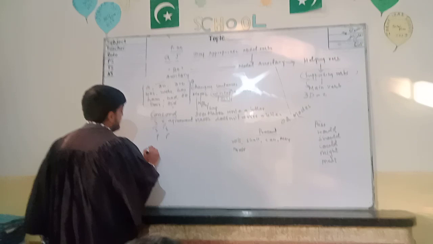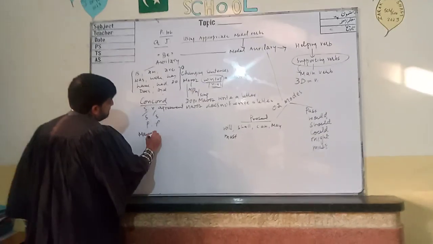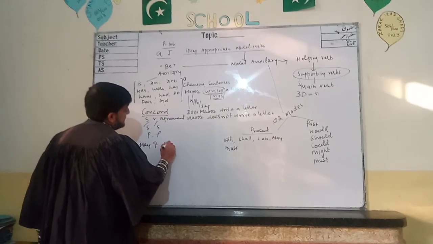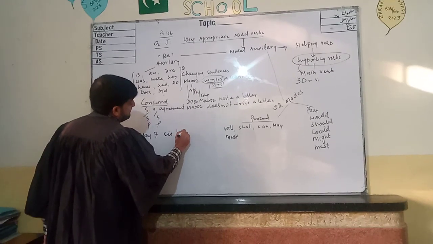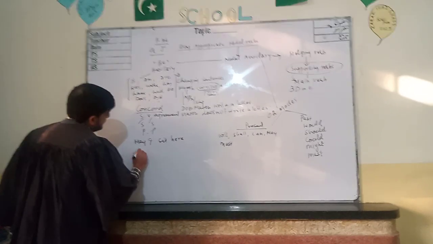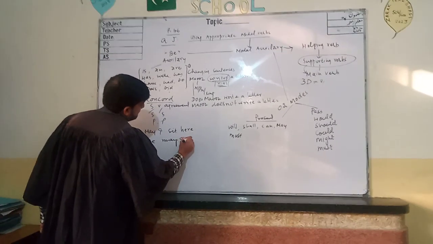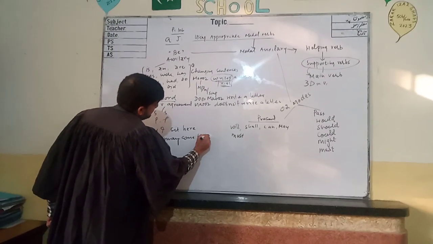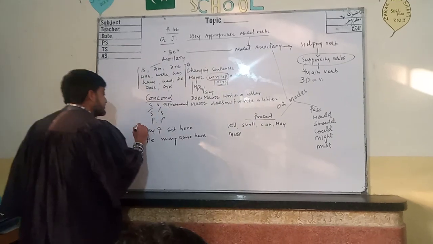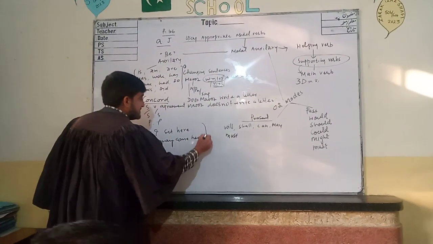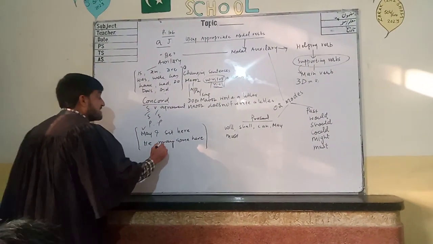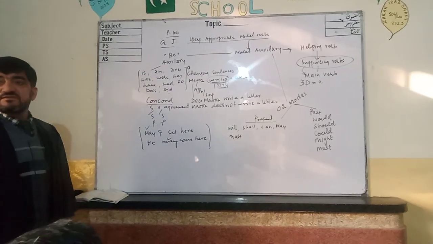For example, if I say, may I sit here, he may come here. So in both these sentences, the same modal auxiliary is used.